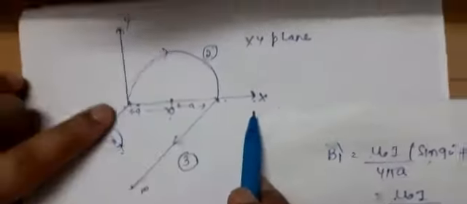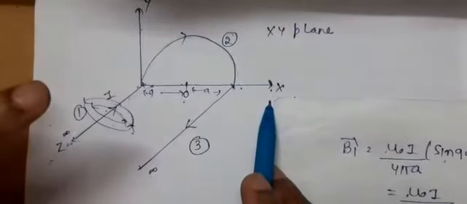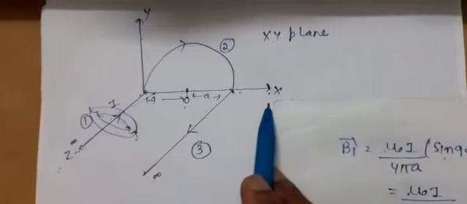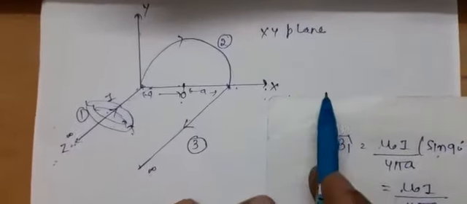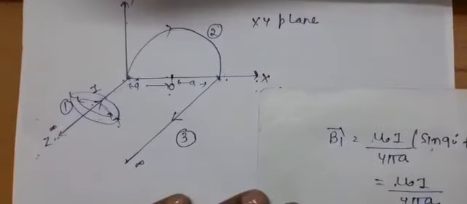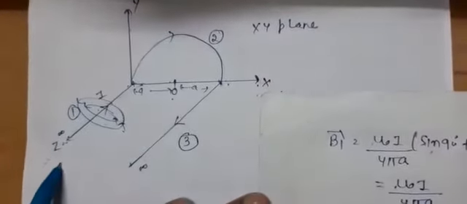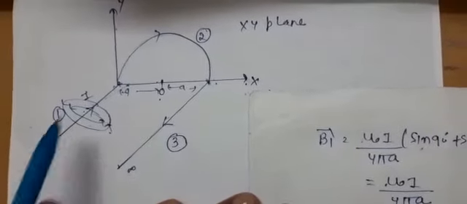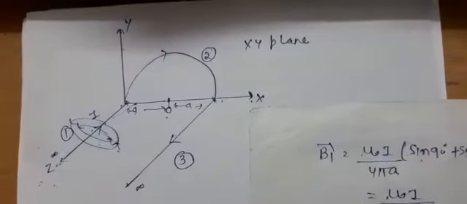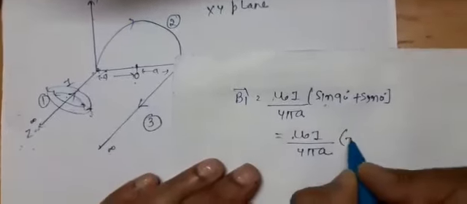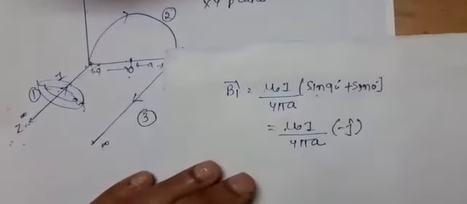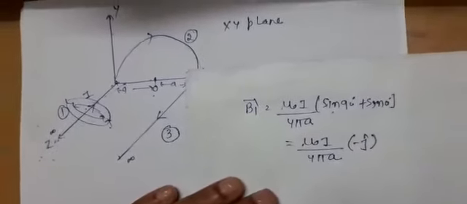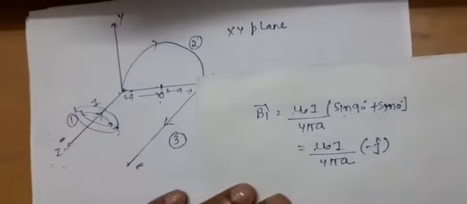So its perpendicular upward direction will be positive y and the lower direction will be negative y. If we express this direction in terms of x, y and z axes, we can label it in terms of i unit cap, j unit cap and k unit cap. So its direction can be represented by minus j, the negative y axis. This is for the first wire.